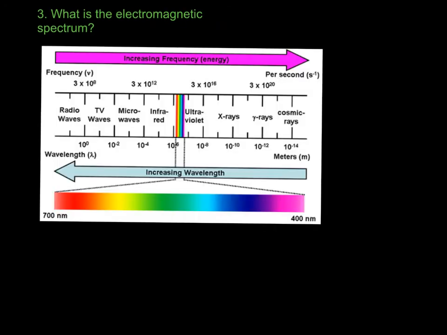So here's the electromagnetic spectrum. Now remember, electromagnetic spectrum refers to light, right? So electromagnetic radiation or electromagnetic waves, that's just a fancy word for light. And so we're really talking about what spectrum of waves, what range of waves would we consider light waves. There are all kinds of waves.